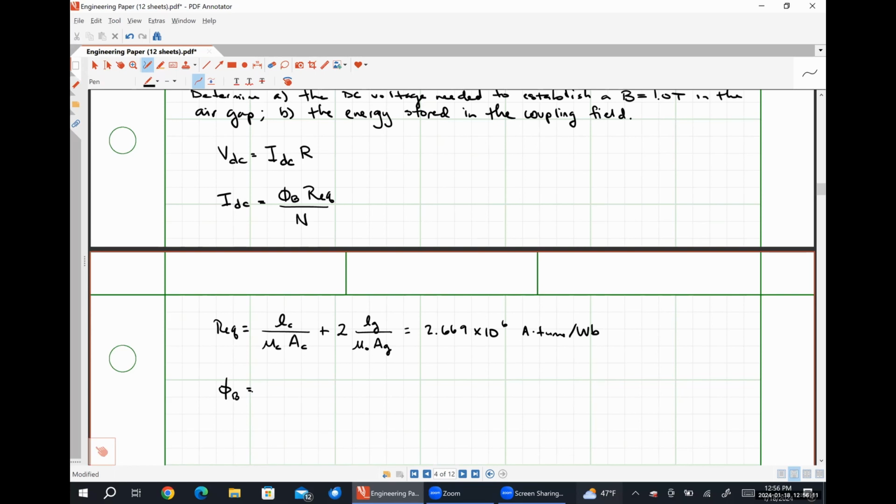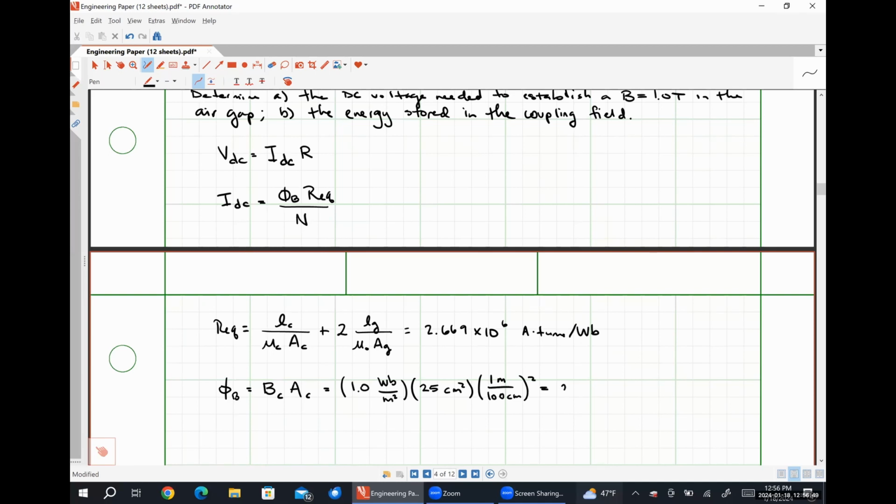Our magnetic flux is simply the magnetic flux density in the core, B sub C, times the area of the core. I'm going to do this one out just really quickly, just so that the units are taken care of. So 1 Tesla is 1 Weber per meter squared. Our core area is 25 centimeters squared. I'm going to multiply this by a conversion factor of 1 meter per 100 centimeters quantity squared.